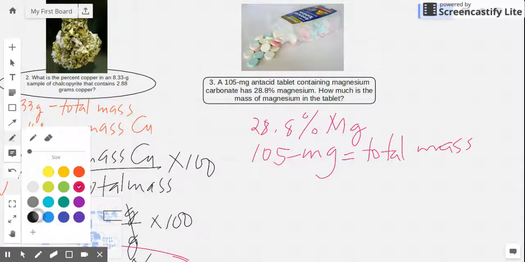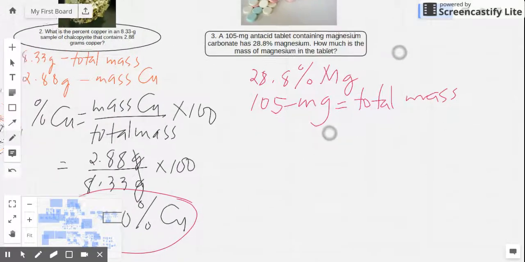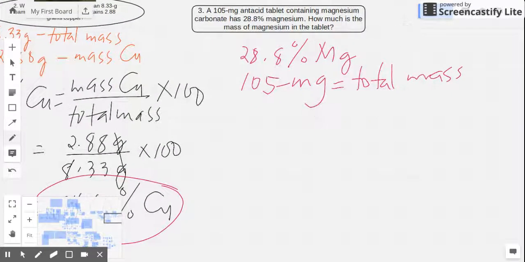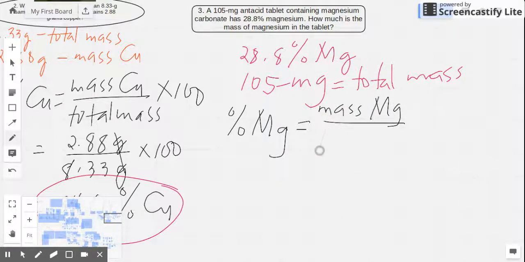So how do we make use of these two given in order to get the actual mass of magnesium in the tablet? Let's make the percentage expression. So percent by mass of magnesium will be expressed this way: mass of magnesium over total mass times 100.